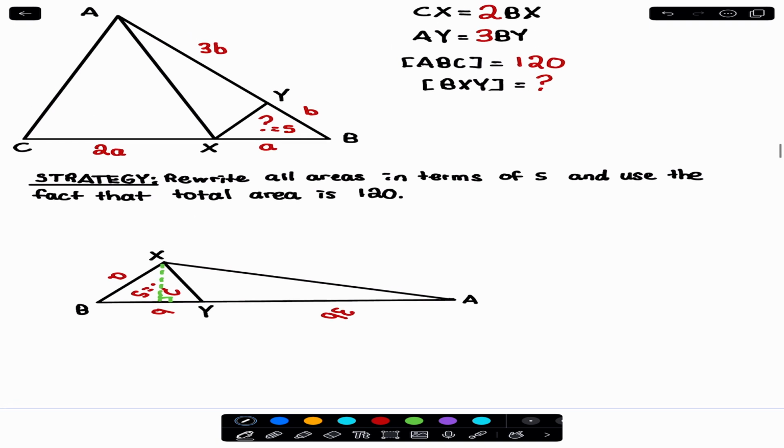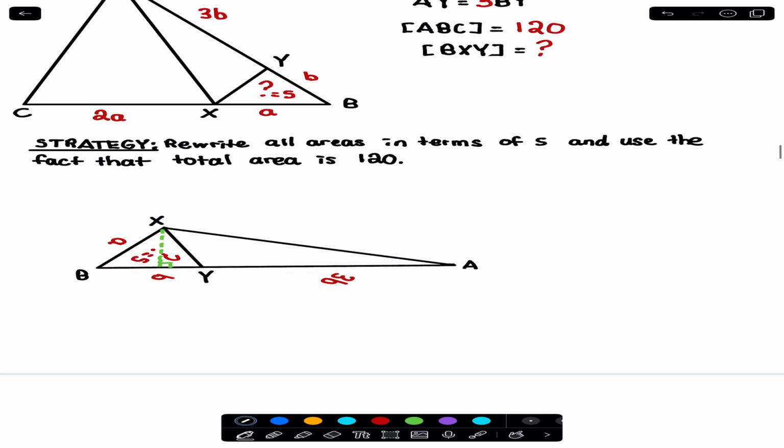I believe this was correct. Okay, and why not? Let's orient this the right way as well.